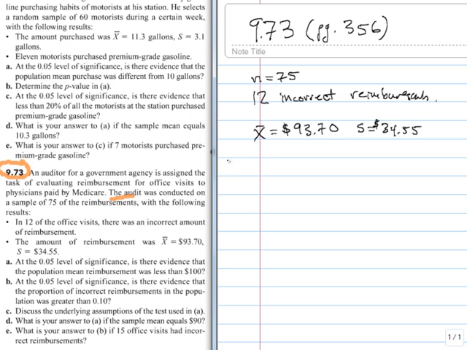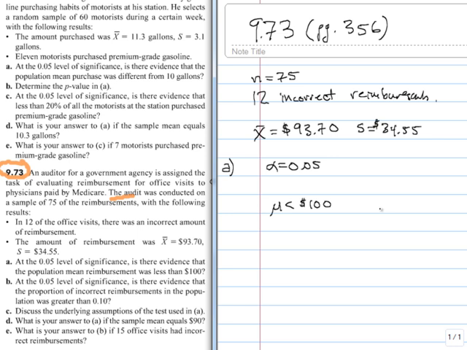Now, part A. Part A asks, at the 0.05 level of significance, is there evidence the population mean reimbursement was less than $100? The level of significance is 0.05, so I'm going to list alpha equals 0.05. It wants to know about the evidence of the mean being less than $100.